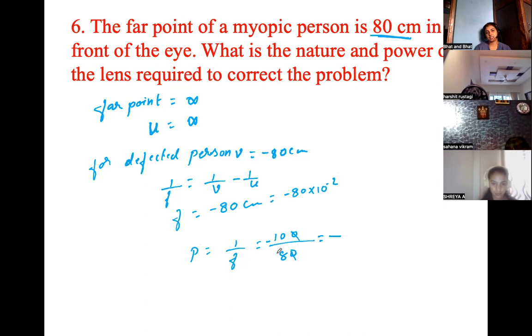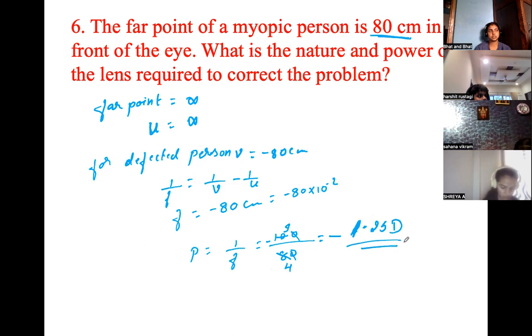That is minus 1.25. So 1.25 diopter is your answer.